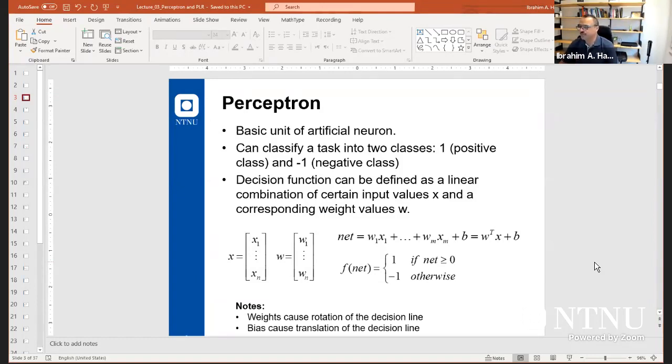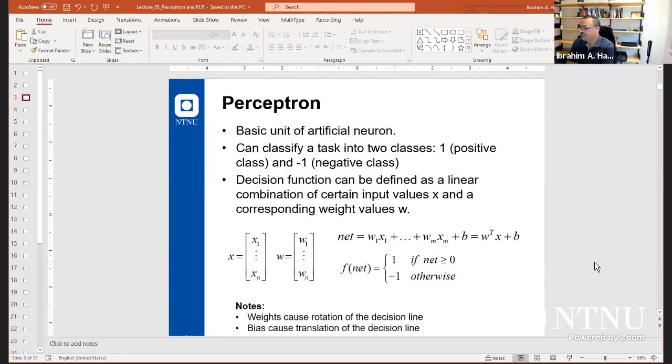So if we will use hardlim, we can use it for classifying into two classes, one positive class and one negative class. We have a decision line, and the value on the decision line equals 0. Above the decision line, it will be classified into positive region, and below it, it will be negative region. So the decision function can be defined as a linear combination of certain input values x and the corresponding weight values omega.